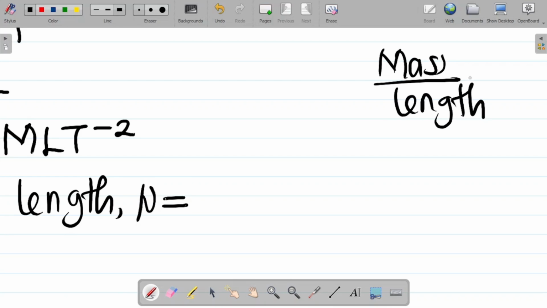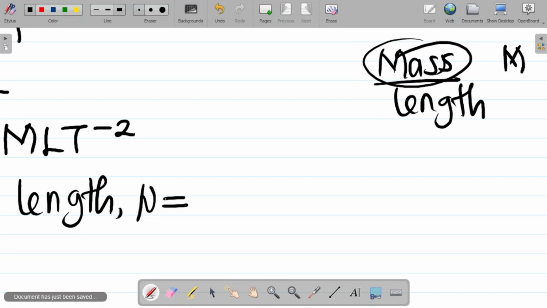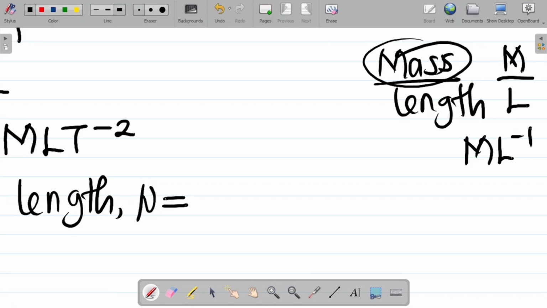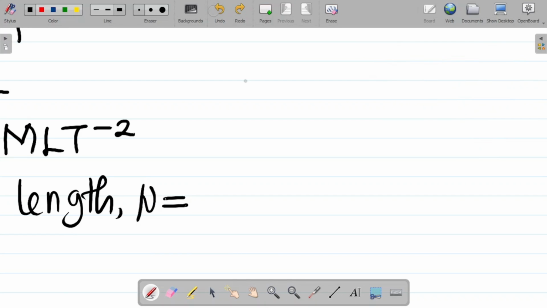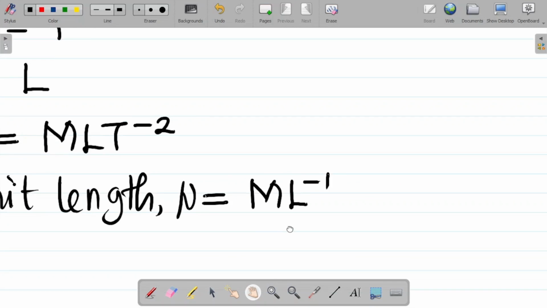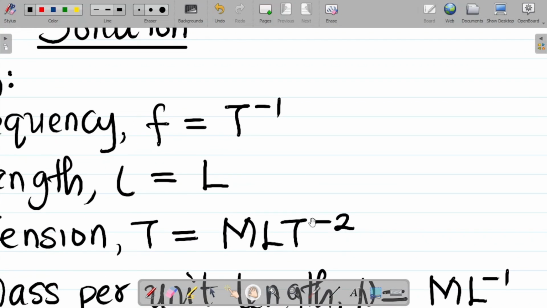That's what is called mass per unit length. Mass is capital M in dimensioning, and length is capital L. This becomes ML to the power minus 1. So the dimension for mass per unit length is ML to the power minus 1. So here's your first task: list out the parameters and their dimensions, which we've done here.